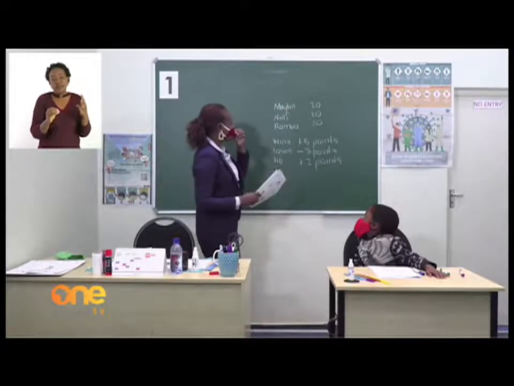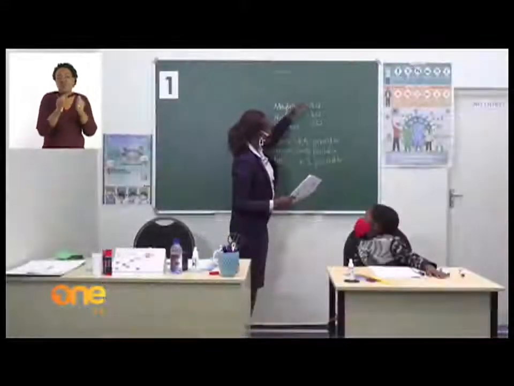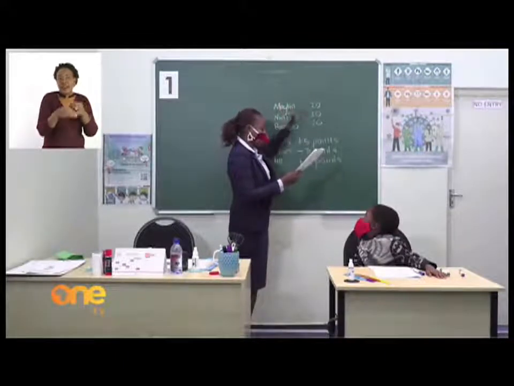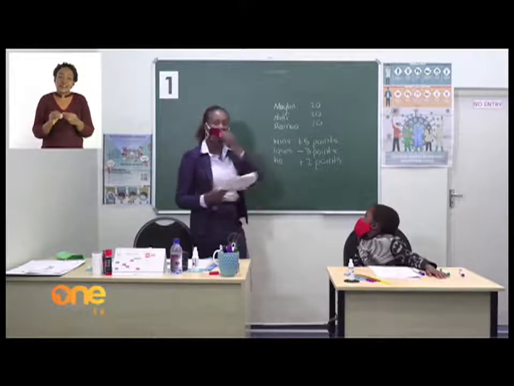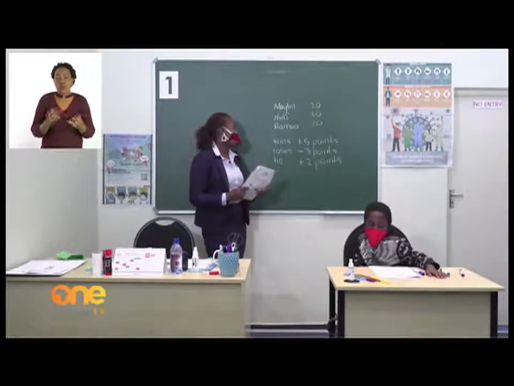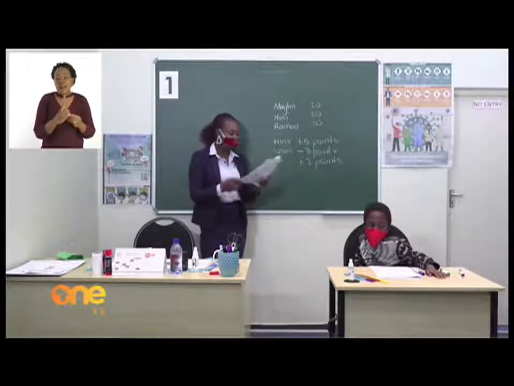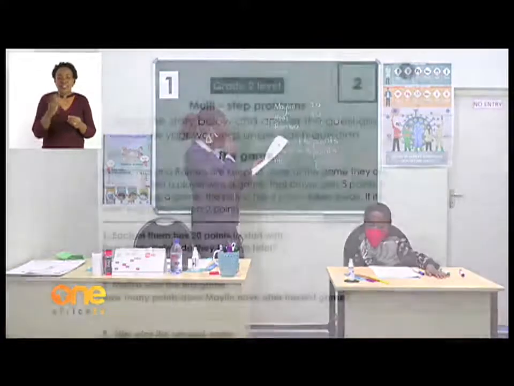How many points do they have in total? It means 20 plus 20 plus 20. Okay, this is how we are going to do number 1. Let's now check number 2.